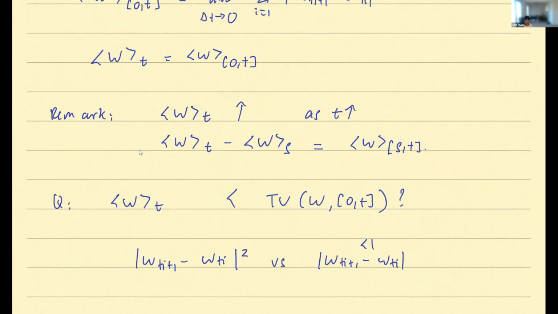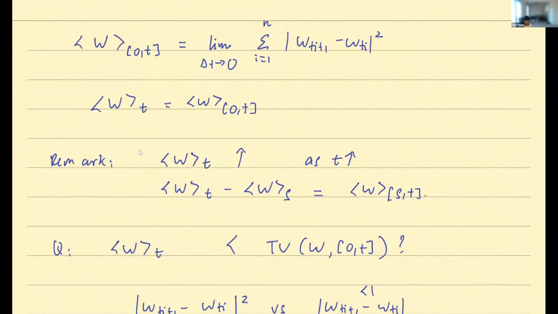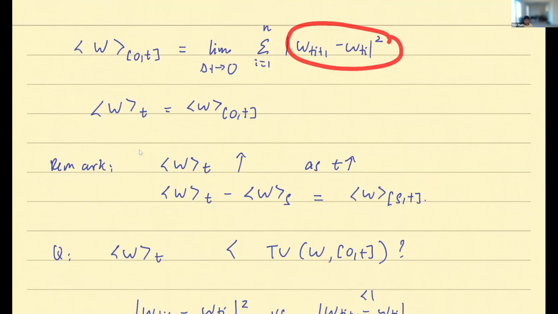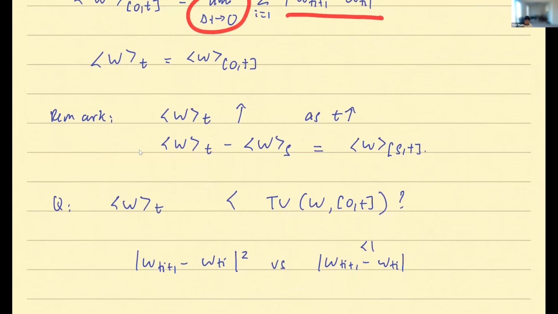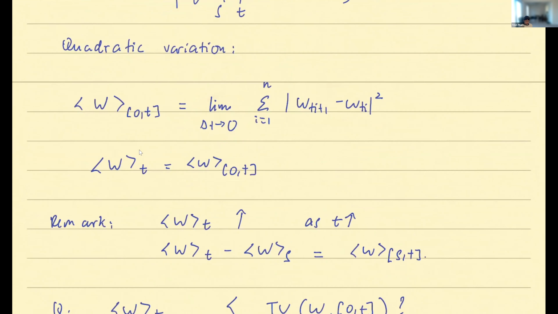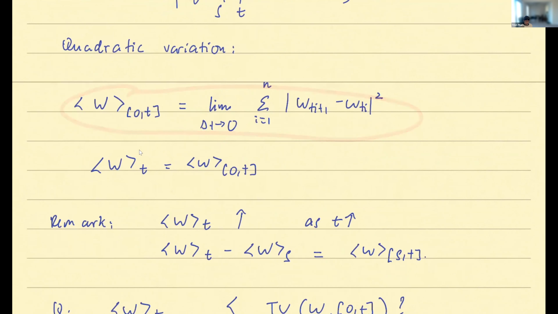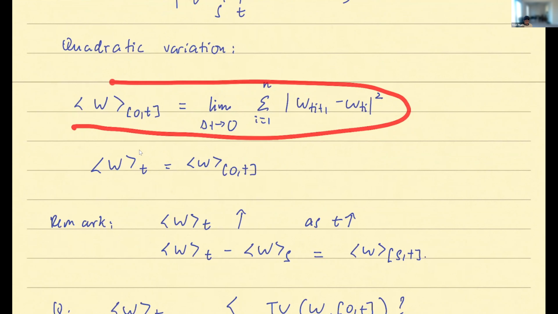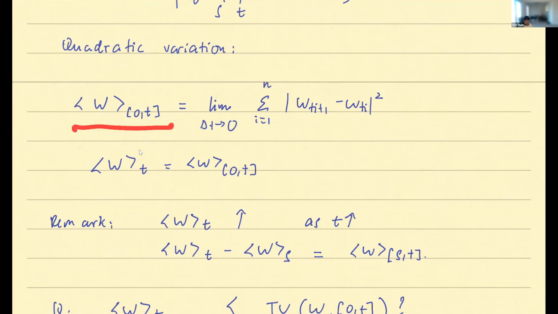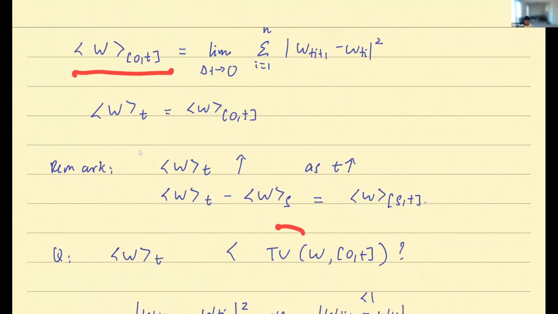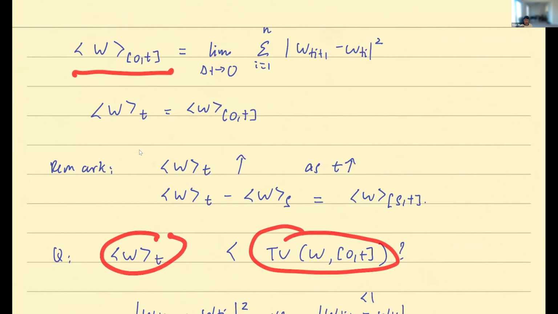Because you are squaring numbers that are smaller than 1, since you're taking delta t to 0. Is that okay? So the quadratic variation is smaller, so it will have a chance, where the total variation is infinite, maybe this one has a chance to be finite.